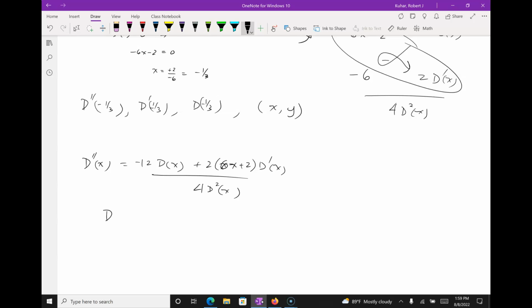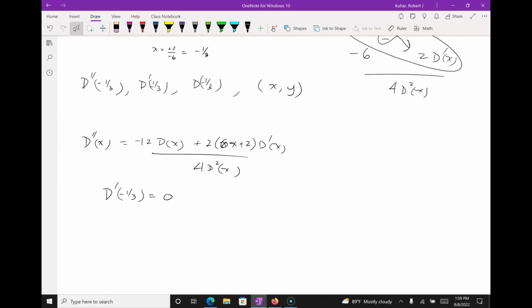Now we already know d prime of negative one third is 0, right? So we certainly know the same thing's going to happen here. D double prime of x, of negative one third, is what? It's going to be negative 3 over d of x. And I can already tell the distance is not negative, right? So this is going to be negative.